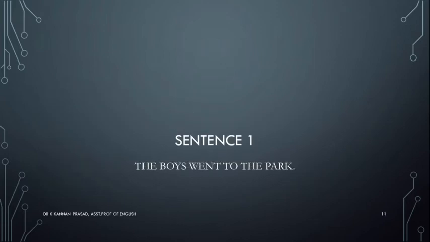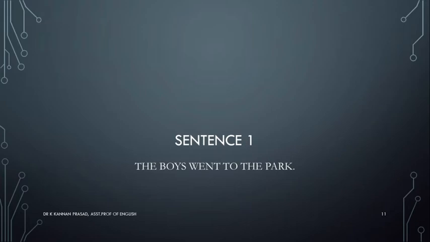Take a look at the first sentence. The boys went to the park. This is a short sentence as compared to other two sentences. This sentence could both be considered as a clause and a sentence. In its nature, the sentence or clause, the boys went to the park, is very simple.